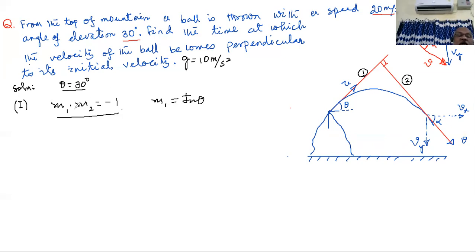And when you stuff in the values of m1 and m2, m1 is waiting. The moment we find the value of m2 and put it in, on the right hand side you get -1. From that we hope to find something, especially the time of travel. Let us say the time of travel is t, starting from the start of the motion, that is S to P. P is the point where we see the velocity vector becomes perpendicular to its initial velocity.